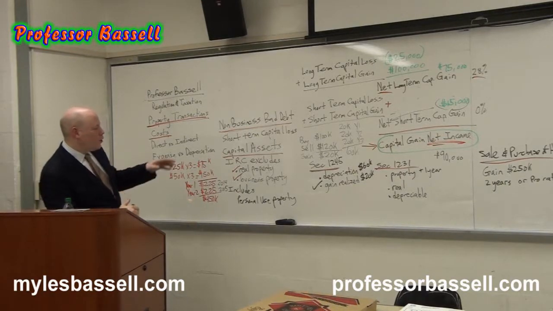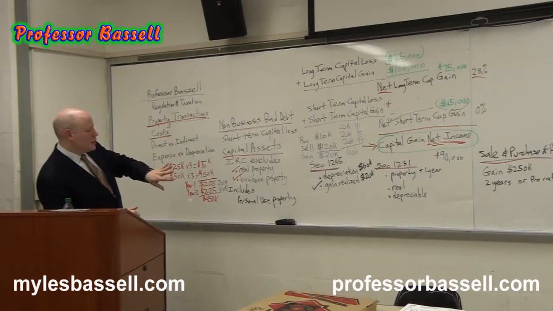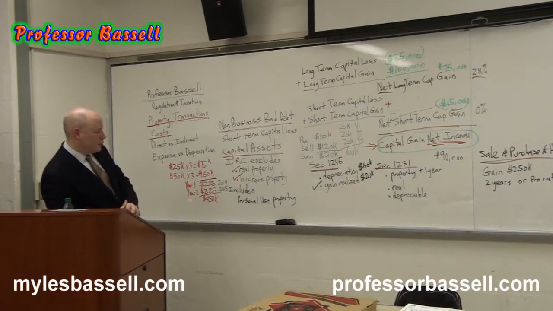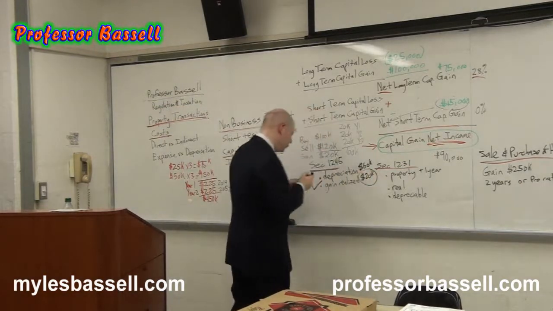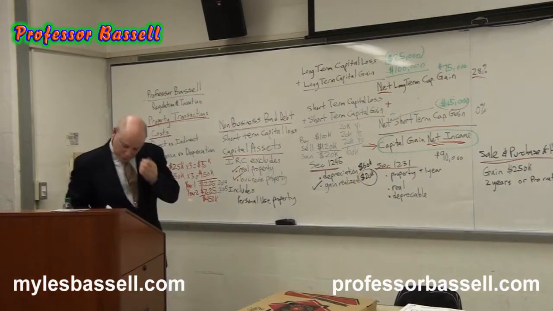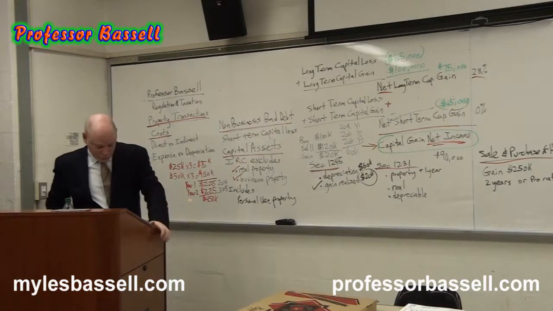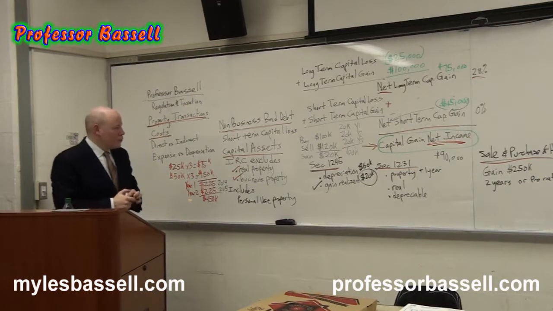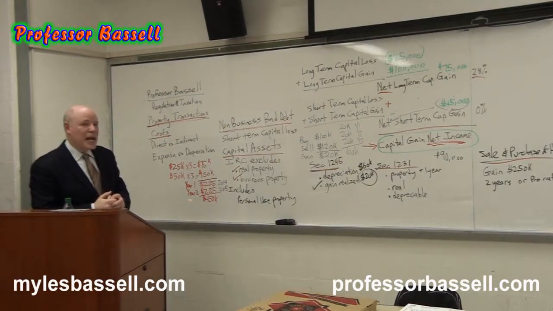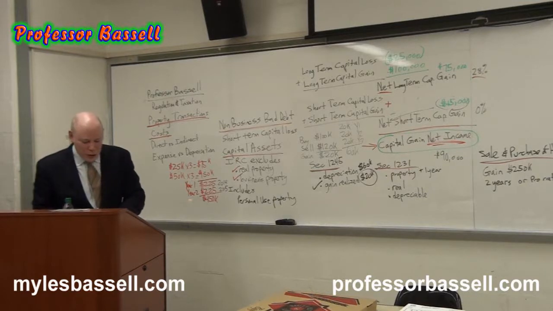So the lesser of the gain realized and the depreciation. So it's going to be the $20,000. It's not IMO. That's what the code says.